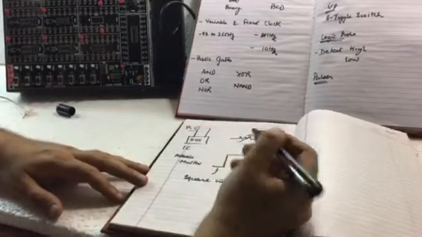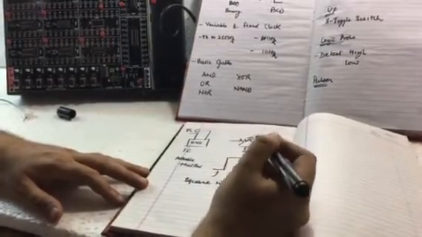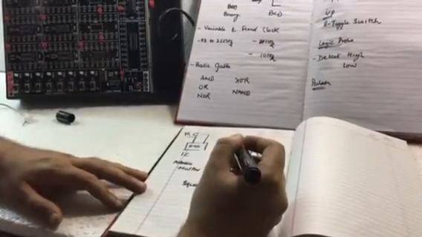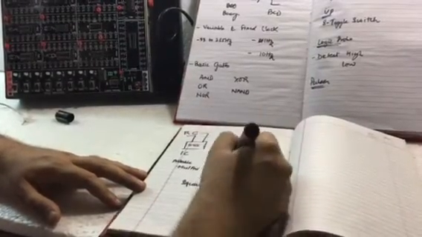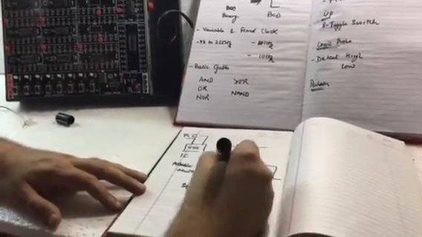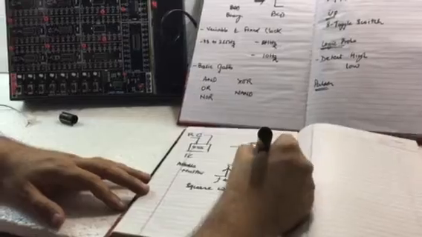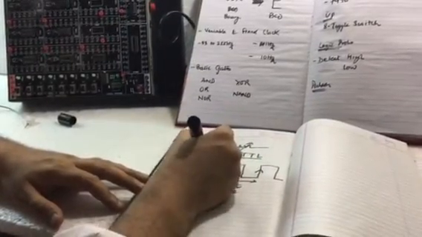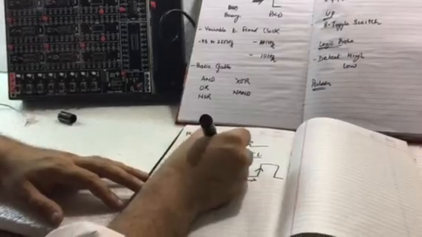Now let us understand what is the on time of a TTL and the off time of a square wave. First of all, what is the total length of a square wave? This is known as the rising edge of the pulse.